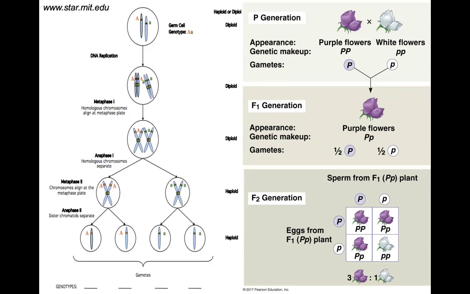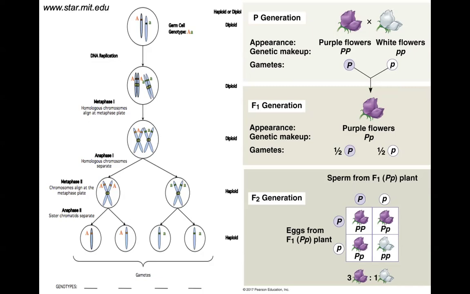When anaphase 1 occurs, these homologous chromosomes will be separated, and this is what we see moving from the diploid into the haploid state. At the end of anaphase 1, we would be considered haploid.